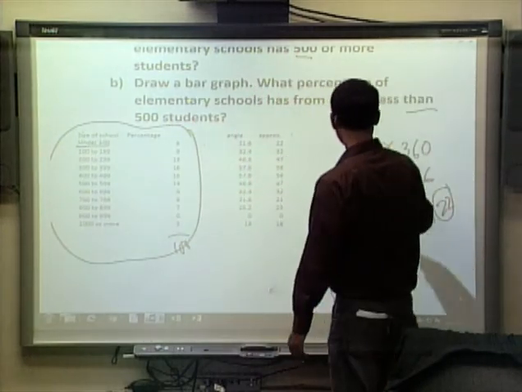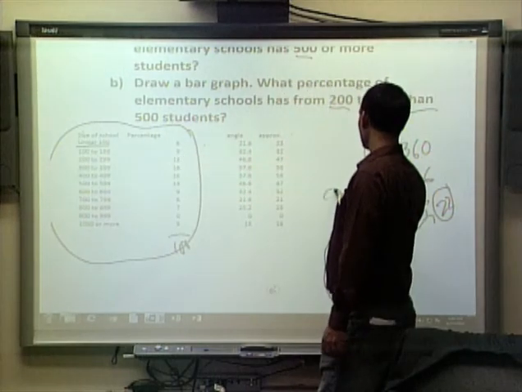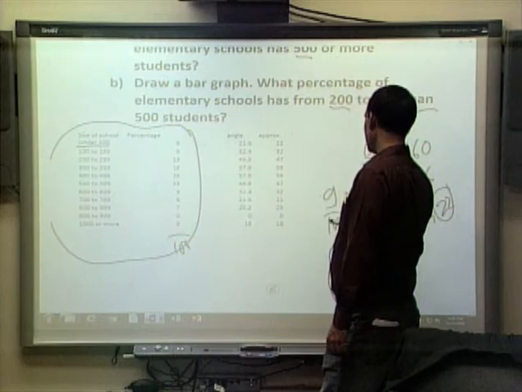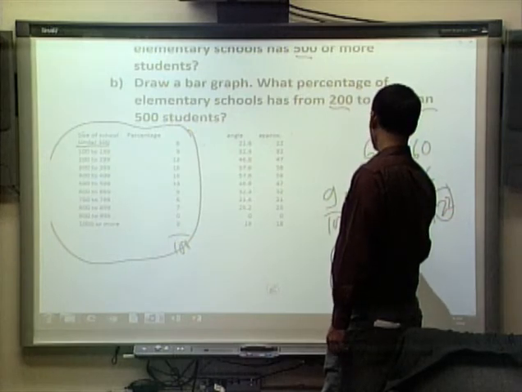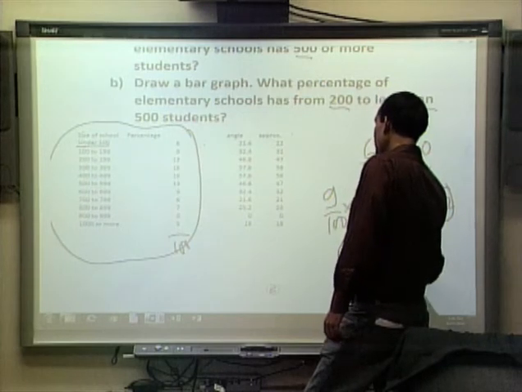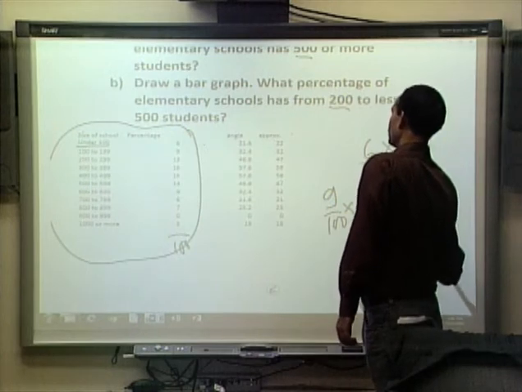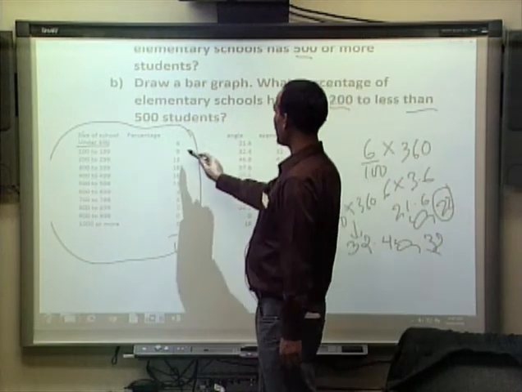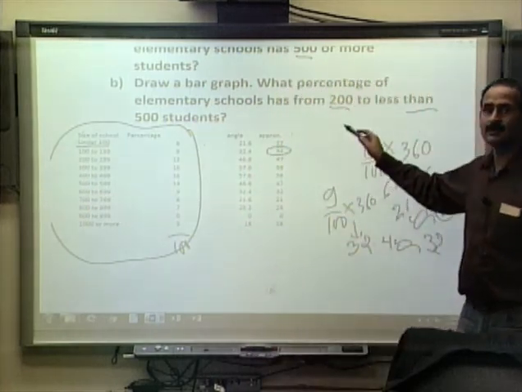Similarly, using the same method, to calculate the angle for 9, that will be 9 divided by 100, it is 9%, and times 360, and that turns out to be 32.4, and I am approximating it to 32. So, the angle for 9 has to be 32, and it continues similarly.